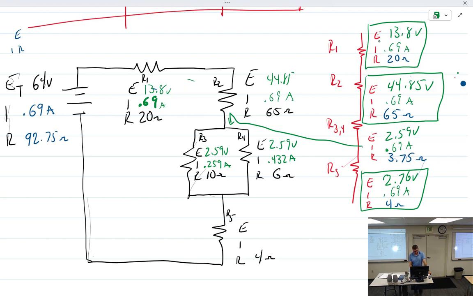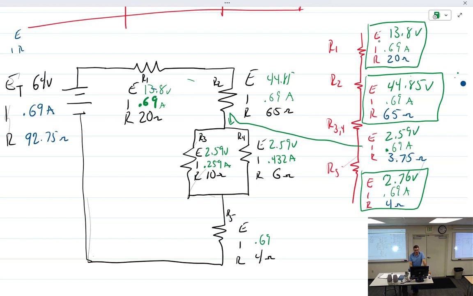So, analyzing it. We start off with a voltage supply of 64 volts at 0.69 amps at 92.75 ohms. We come around. Right here we have 0.69 amps through here. Over here, 0.69 amps. Splits, comes back, and I have 0.69 amps. So that amperage acts like it should in the series circuit and in the parallel, and comes back around for a full 0.69. Then we look at the voltage.